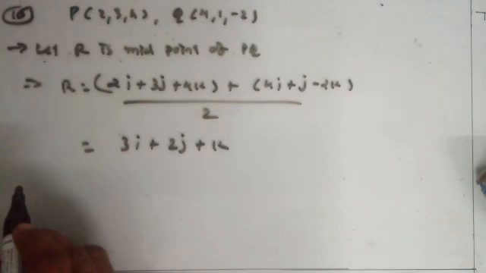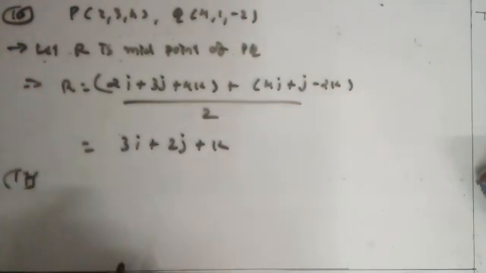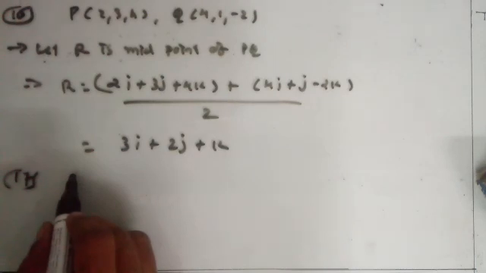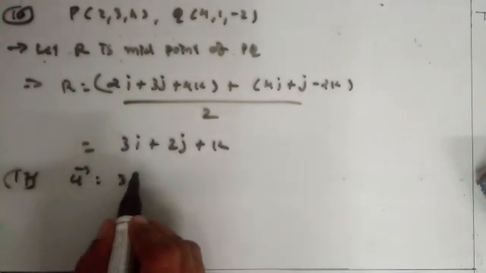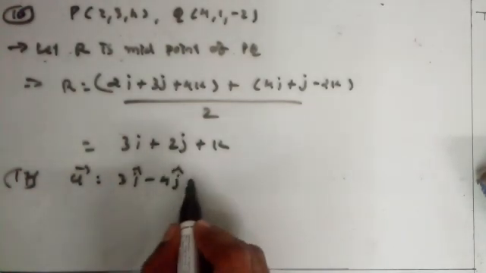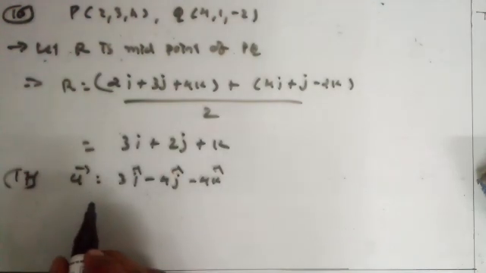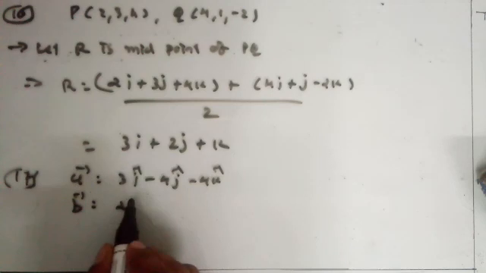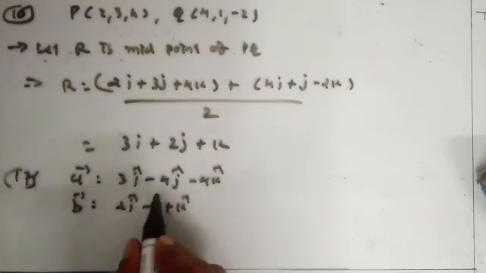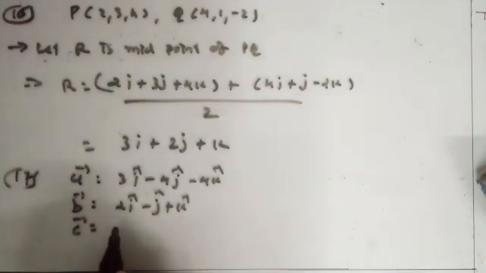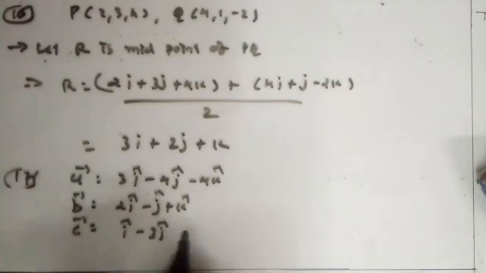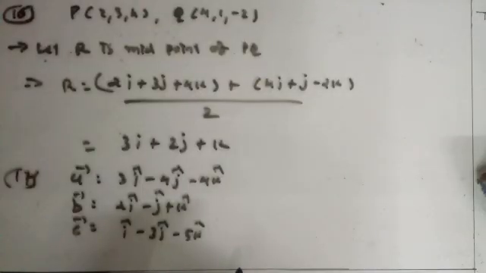Now the next question, number 17. Show that the points A, B, C with position vectors 3i minus 4j minus 4k, 2i minus j plus k, and i minus 3j minus 5k respectively are the vertices of a right angle triangle.